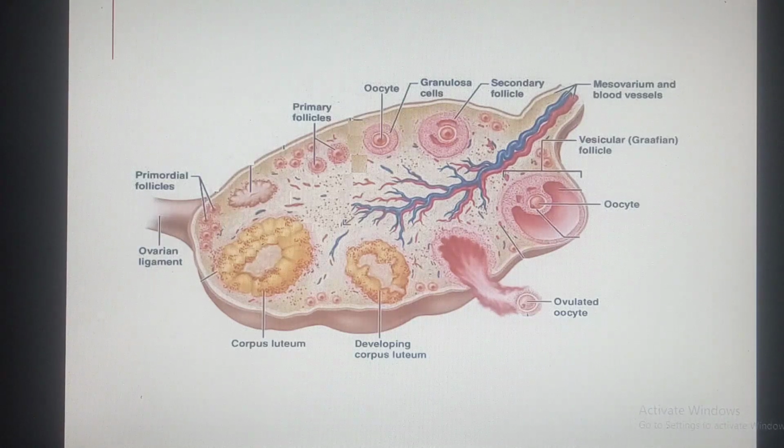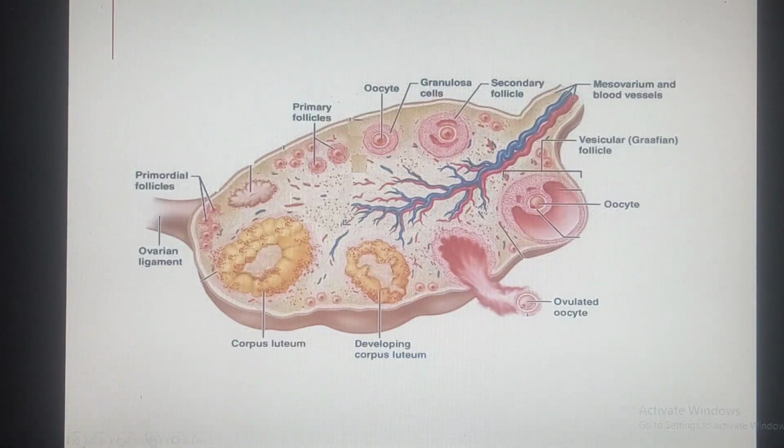Now of this 1 million primordial follicles, at puberty about 600,000 of them would have died out of atresia, and therefore it will be left with only about 400,000, of which every month about 15 to 20 of them, and it may vary from one woman to the other, maybe 25 of them, will be selected to go through the follicular development that we've seen.